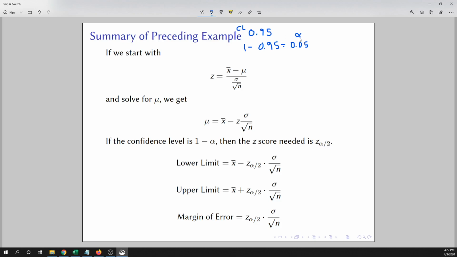Next up, we would find our alpha, which is 0.05, and then we would find alpha over 2. And we would get 0.025.